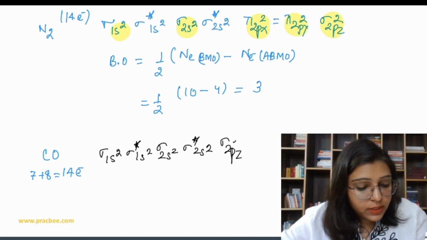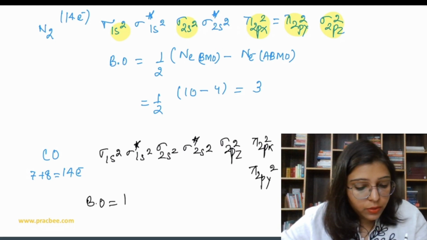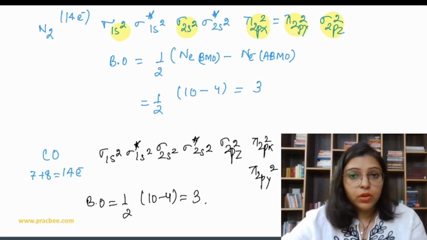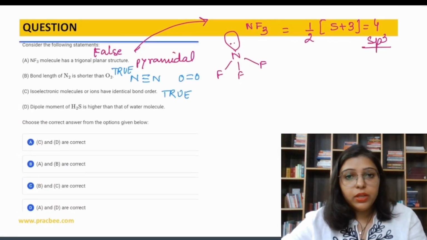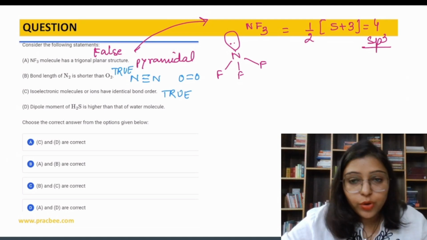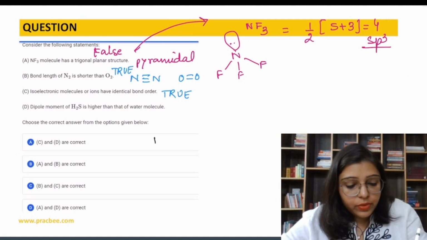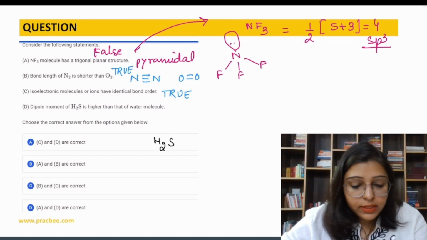So here sigma 2pz2, pi 2px2 and pi 2py2. Same thing, the bond order is half of 10 minus 4, which is equal to 3. So this is always true: isoelectronic species have the same bond order. So this is correct. Now next, the dipole moment of H2S is higher than that of the water molecule.